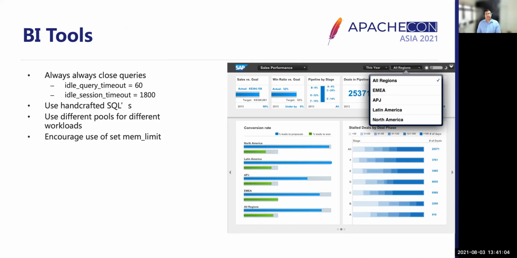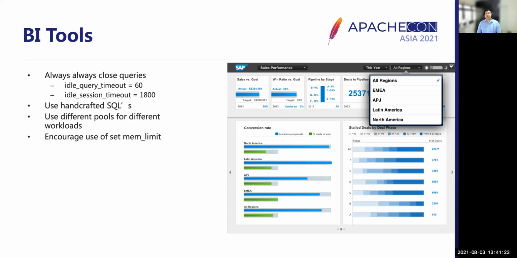A little bit about BI tools. We have BI tools like you, we have BI tools like others that access data. By default, they don't always close queries because they are BI tools. Hue is a web browser, and a web browser doesn't always close queries.